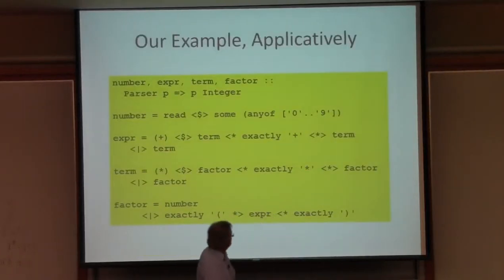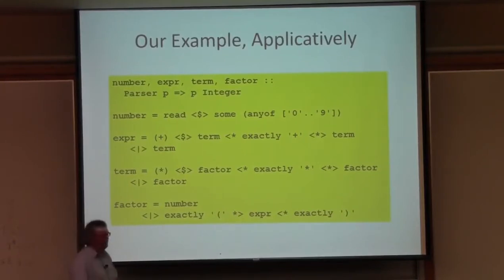So here is the parser, once again, now expressed in terms of the applicative functor interface. There's two differences. For a start, I'm now only using the exactly thing, so I'm only looking for exact tokens, just as a simplification. I actually need to add those type signatures up at the top, otherwise the compiler will not accept these definitions anymore.